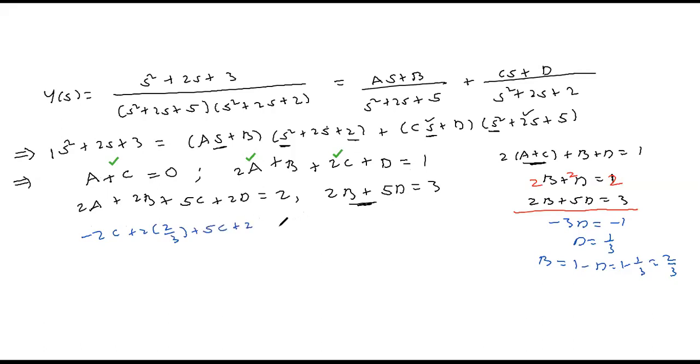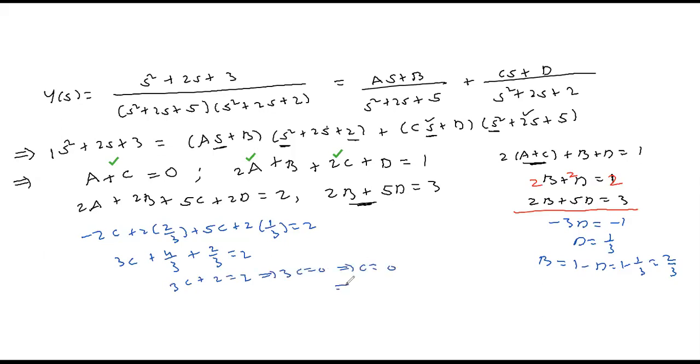What is the d value? 1 by 3, equal to 2. So 5c minus 2c is 3c, plus 4 by 3 plus 2 by 3, which is 6 by 3, equals 2. This implies that 3c equal to 0, so c equal to 0.